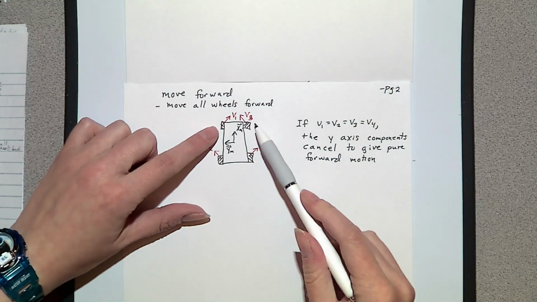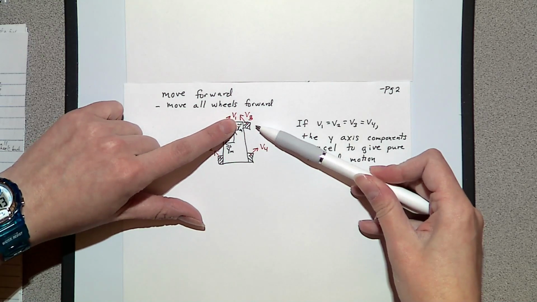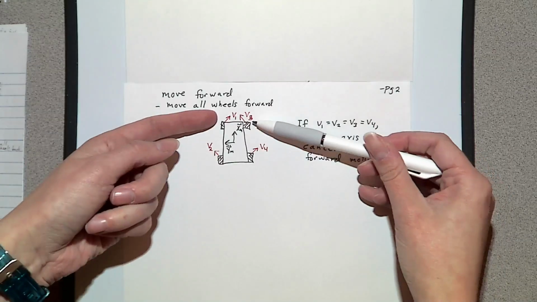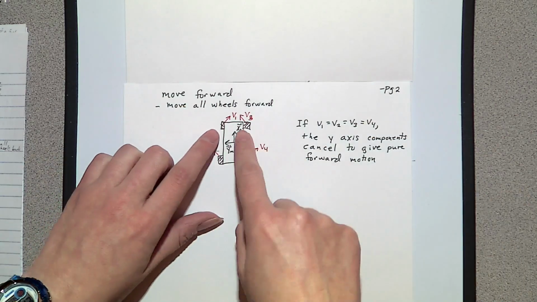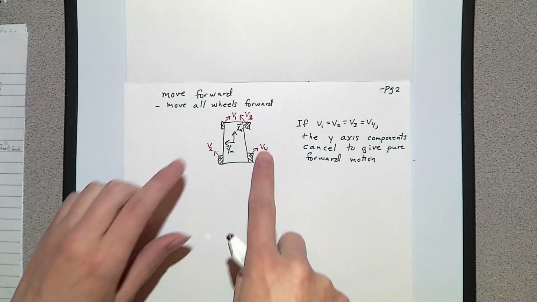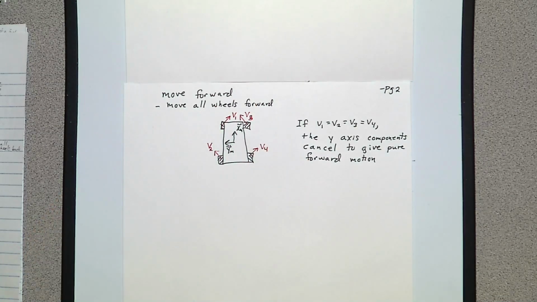So you can see here that V1 and V3, V1 has a contribution in the right direction, V3 has it in the left direction. If these velocities are equal, since the angles are equal, then those two would cancel each other out, and then you just have those forward components. Similarly for the back wheels.